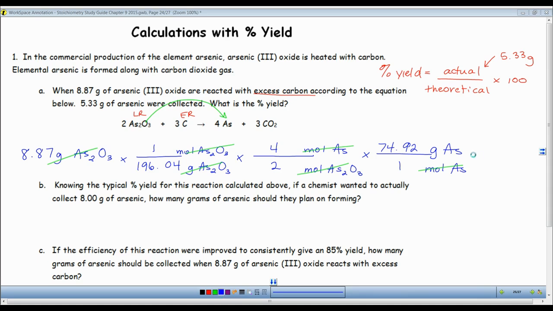And if I plug this in, 8.87 divided by 196.04, times 2 times 74.92, gives 6.78 grams of arsenic. That's the theoretical yield.